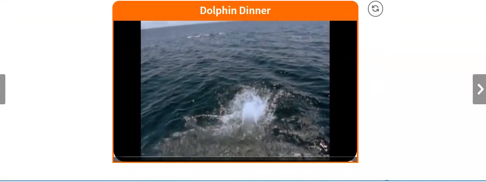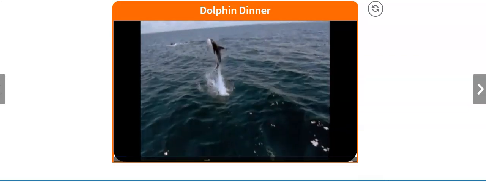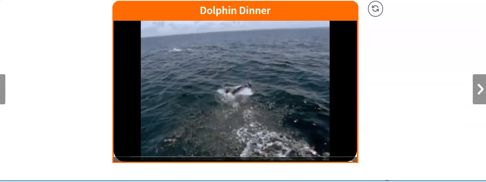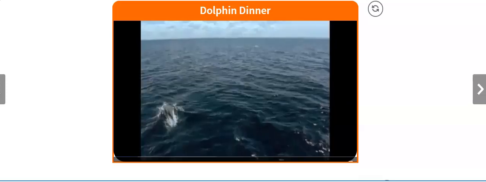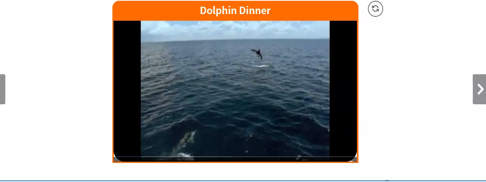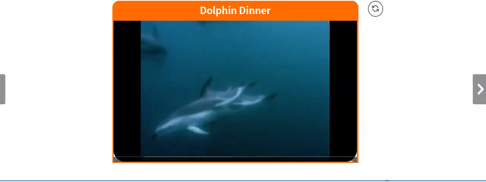This spectacular display of airtime by these dusky dolphins actually has a practical purpose. These are scouts looking for food. And this is only half the operation. Here's the Underwater Scout Patrol, sending out dolphin sonar pings to locate a meal.